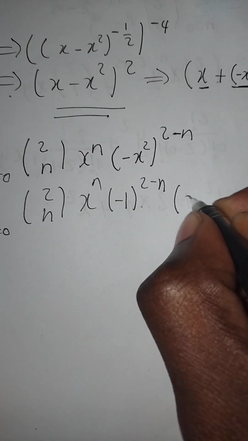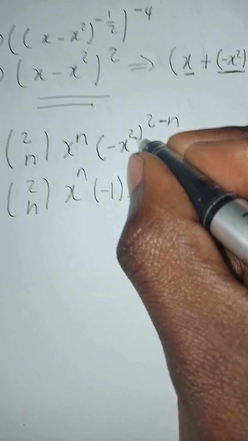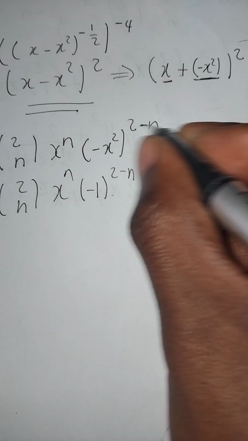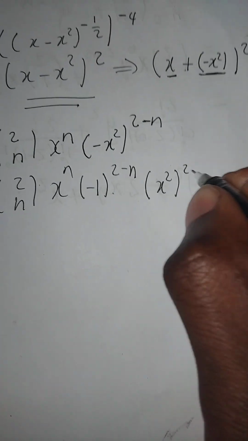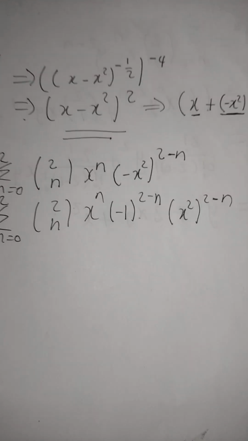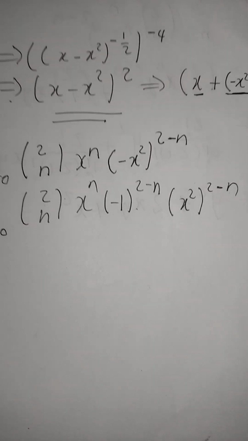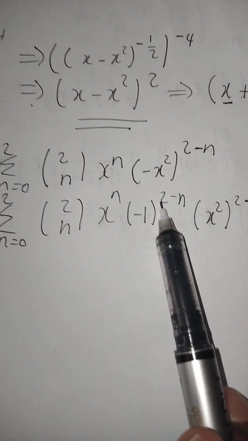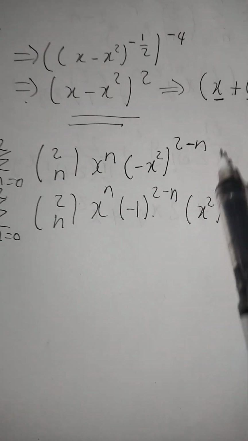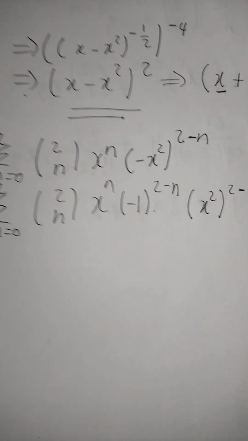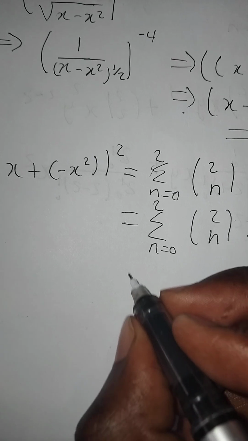Then what remains is x to the power 2, but that 2 I'm going to multiply with n. Let me not rush it, for the sake of those who are not following. So I'm just going to plug it like that. I have not changed anything. This is the same as this whole thing here. I just separated it. So now what are we going to get?